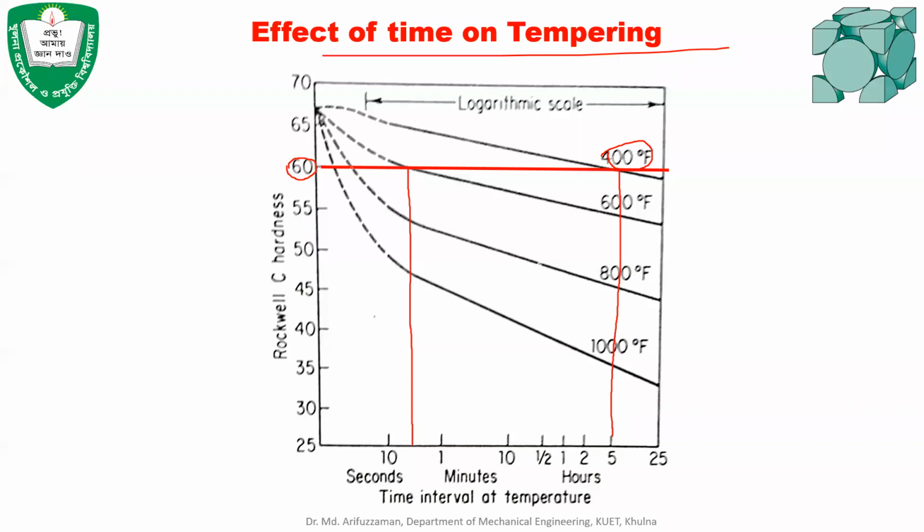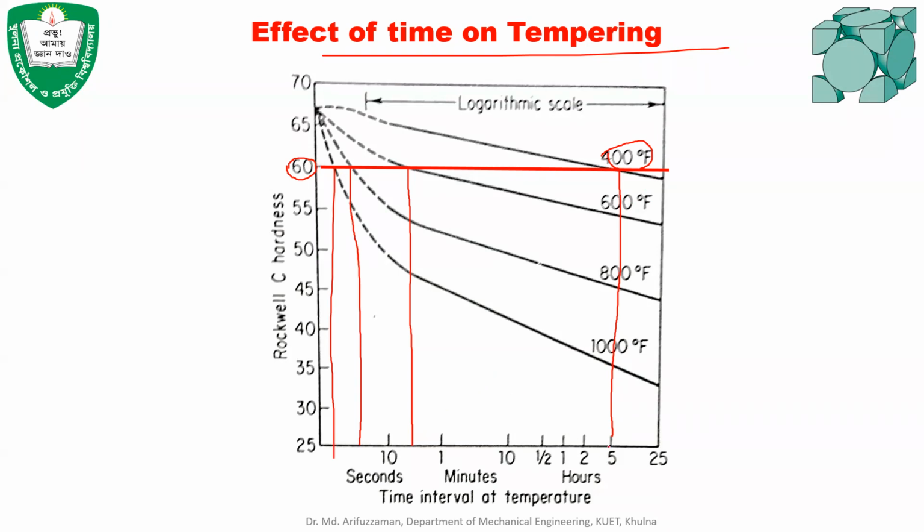And if you heat it at a higher temperature, like 800 degrees Fahrenheit, time is also reduced. Like within 5 seconds, you can obtain the hardness of 60. And within 2 seconds, you can obtain the hardness of 60. That means you can obtain the same hardness by tempering at various temperatures, but you have to keep it for a longer time at lower temperatures.